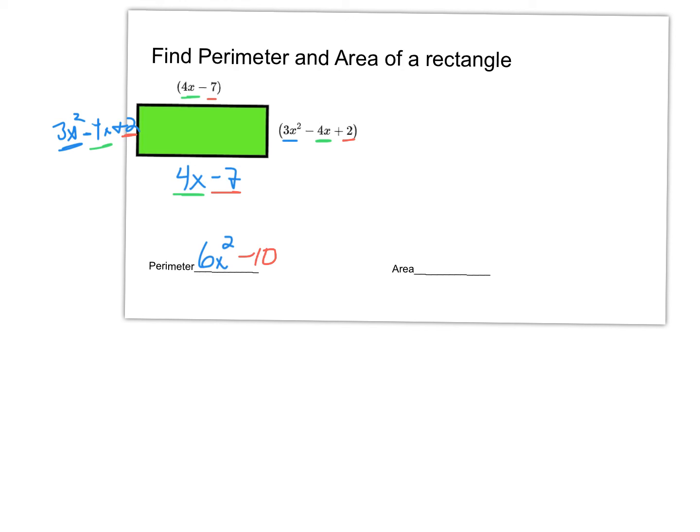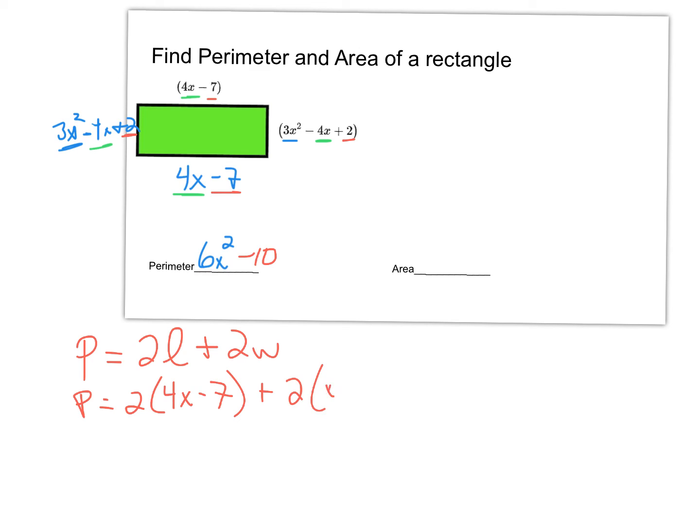Now again, yes, some of you may know to find perimeter of a rectangle, it's 2 times the length plus 2 times the width. Oh, come on, pen. Oh, you shut off again. 2 times the width. So perimeter would equal 2 times your length of 4x minus 7 plus 2 times your width of 3x squared minus 4x plus 2.